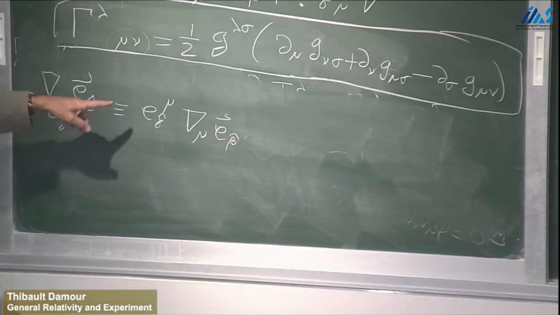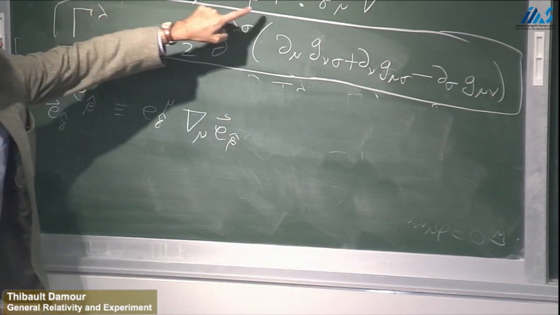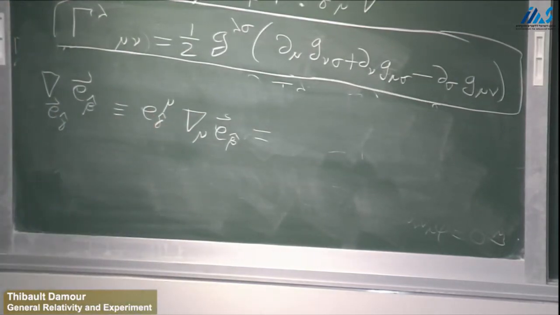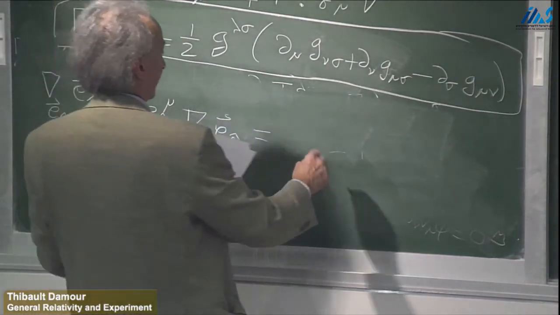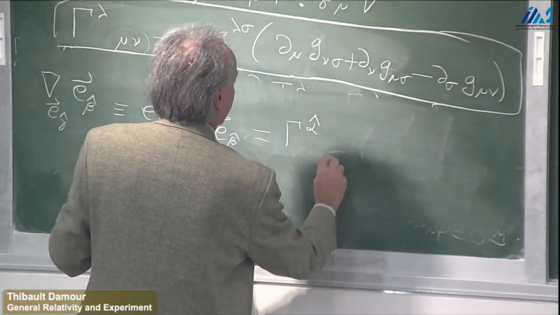And I can write the components. If I write an index nu for this object, I can compute this thing. But this thing is a vector, so it can be decomposed along a vector basis, like the basis E that I have. So this thing has some components.